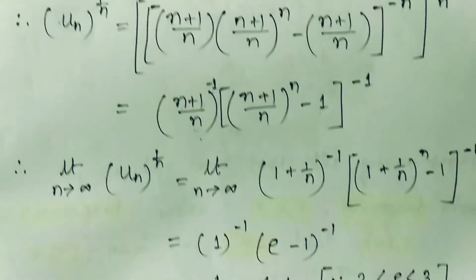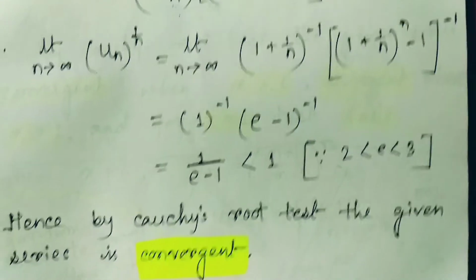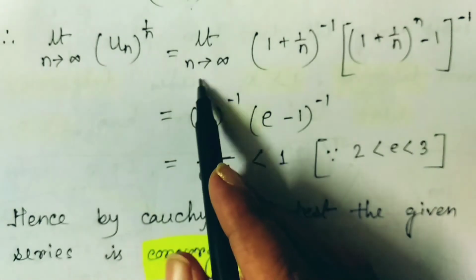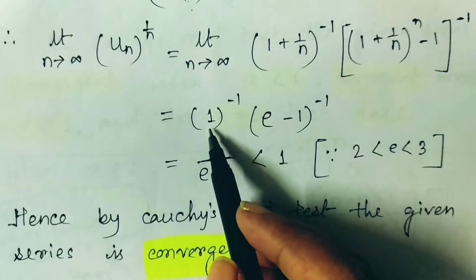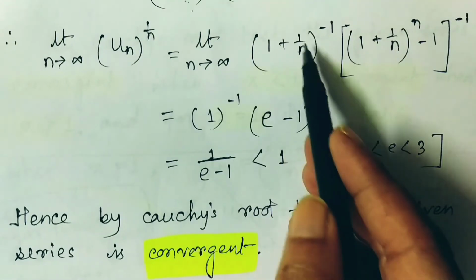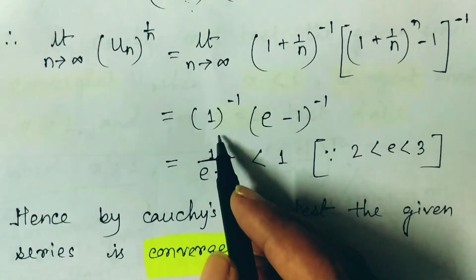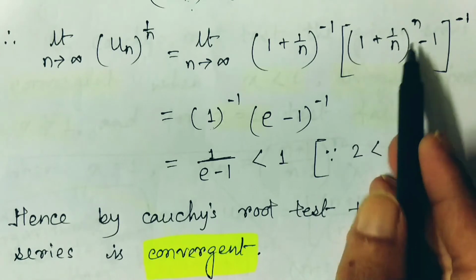Now we should take the limit on both sides. So if we take the limit, then as n tends to infinity, this part is definitely 1, because as n tends to infinity, 1 by n is 0. So it is 1 to the power of minus 1, and here it is 1 plus 1 by n to the power n.